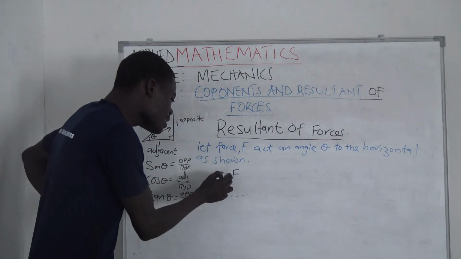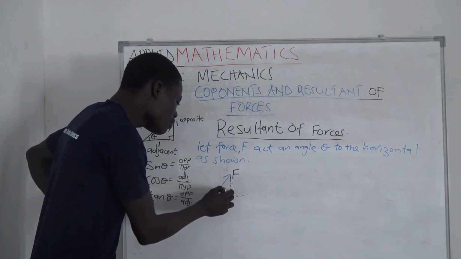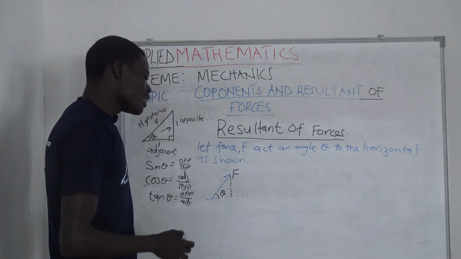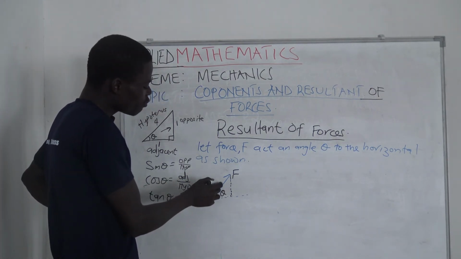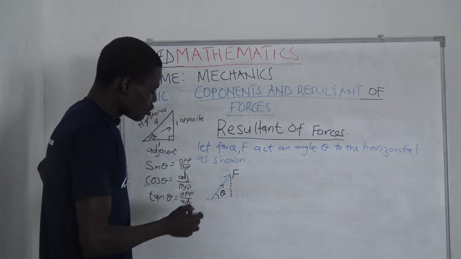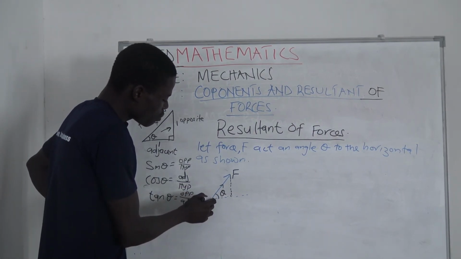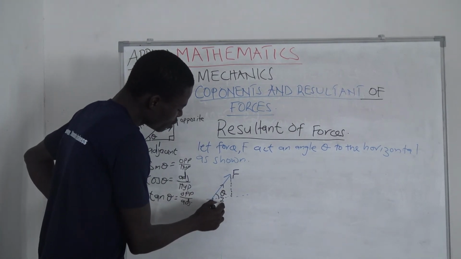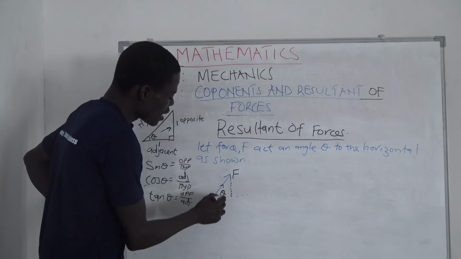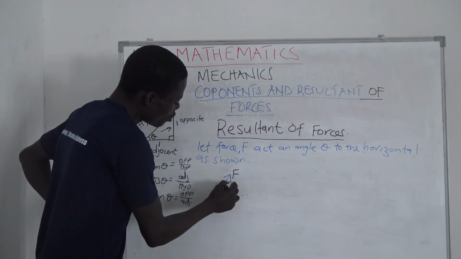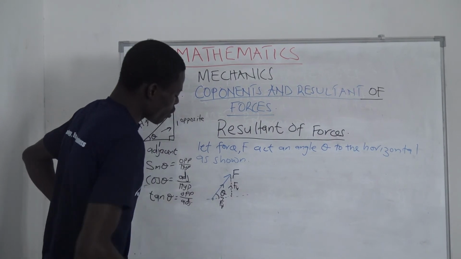Now this force has what we call a vertical component and a horizontal component. Where is the vertical component of force? If this force is going upward, following the vector direction, you first move from this point to this one, which is the horizontal component of the force, and then you move upward, which is the vertical component of the force.